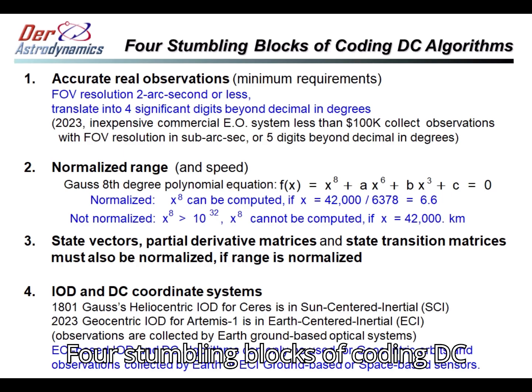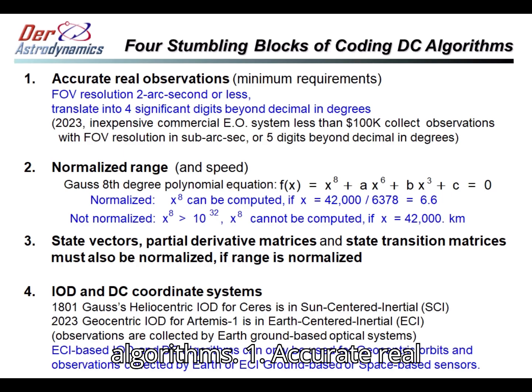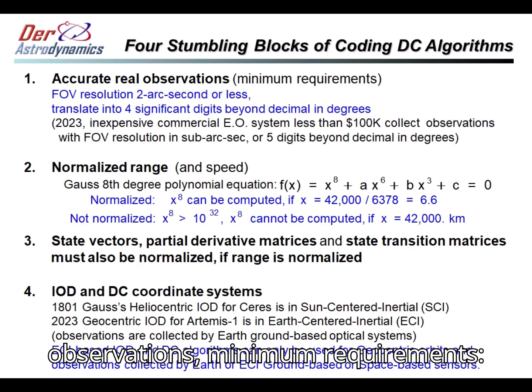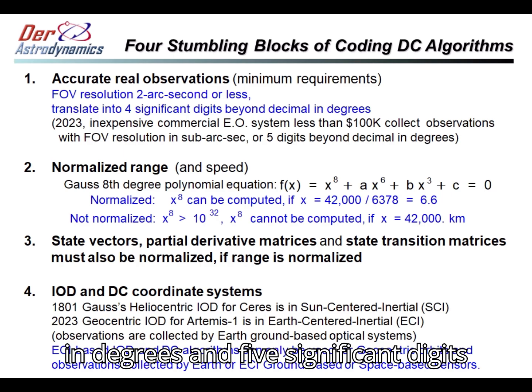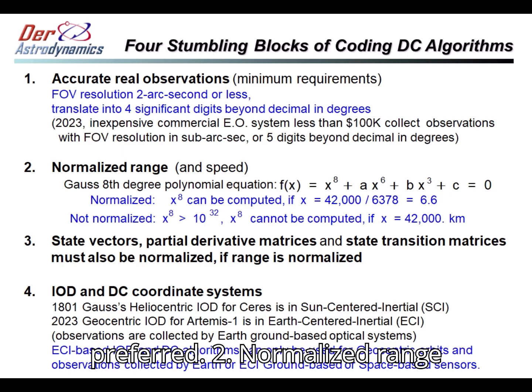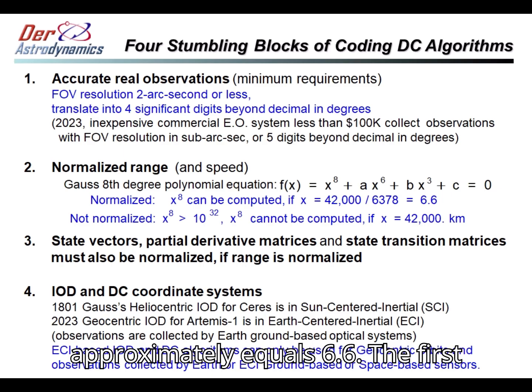Four stumbling blocks of coding DC algorithms. 1. Accurate real observations. Minimum requirements: 4 significant digits beyond the decimal in degrees and 5 significant digits preferred. 2. Normalized range and speed. For example, if GEO range is 42,000 kilometers, normalized range is x approximately equals 6.6.